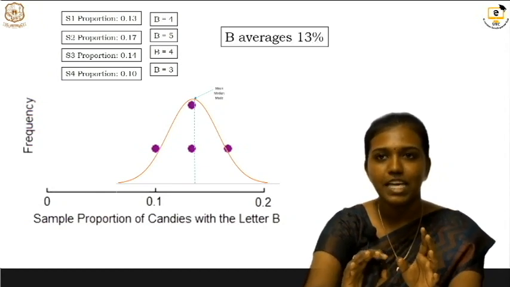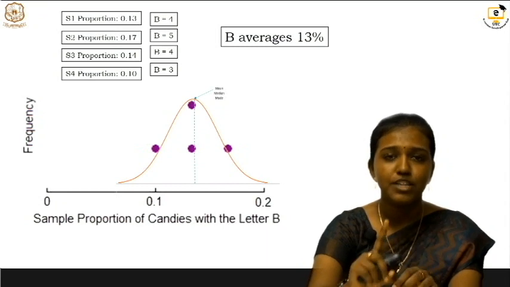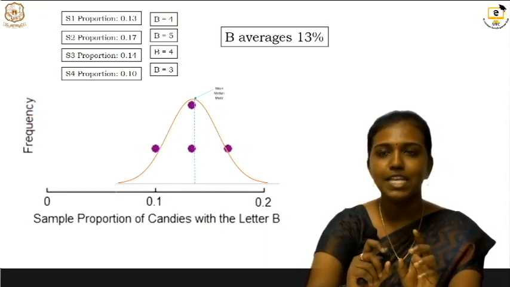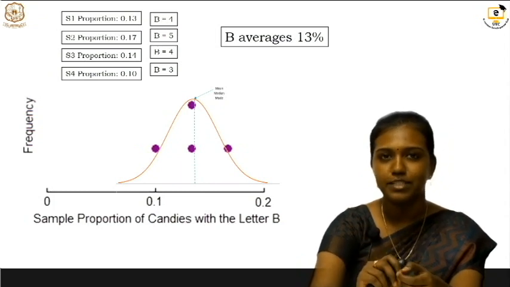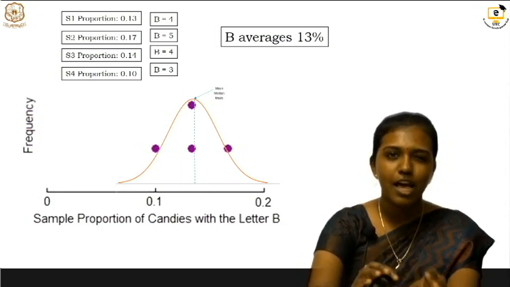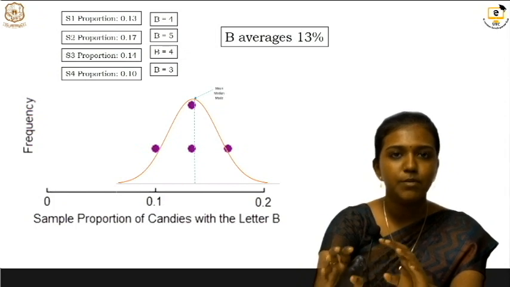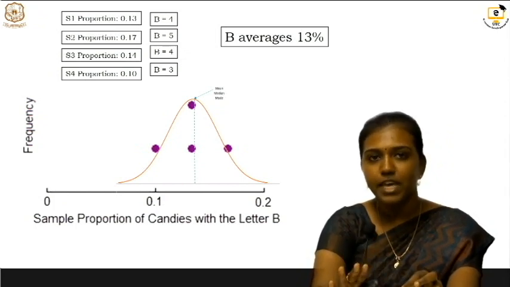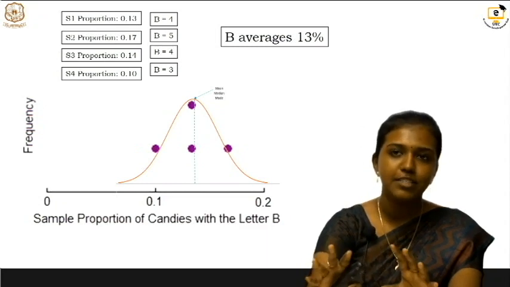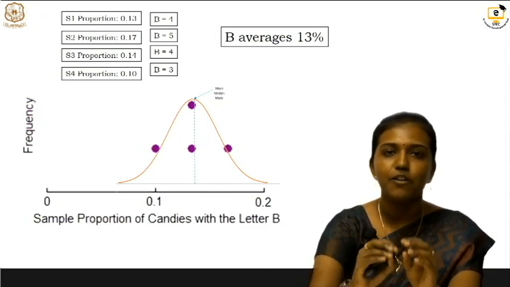So we can see from the 4 samples we chose from the same jar that the values of B average around 13%. You can see how we are not arriving exactly at 13%, but still we can say approximately that B is 13% of the whole population of the jar of candies.